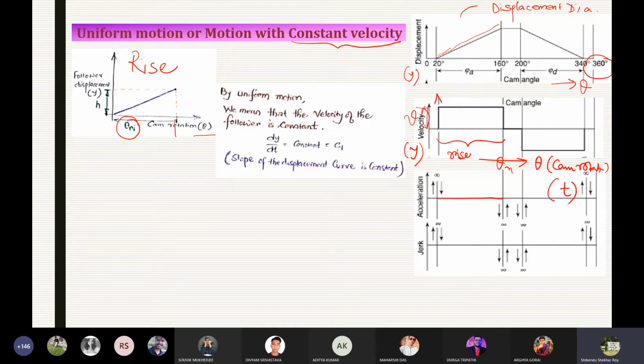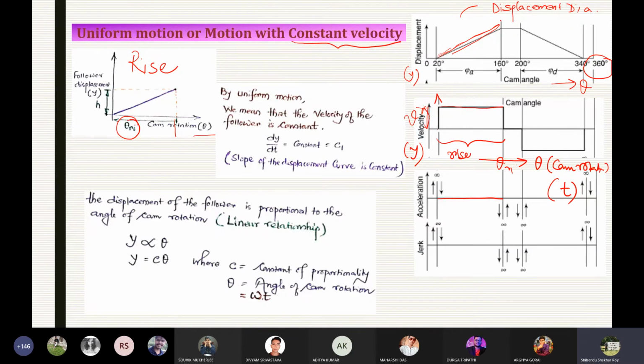That means dy/dt equals constant. The physical interpretation is that the slope of the displacement curve, or displacement diagram, is constant. This is the physical interpretation of this mathematical representation.